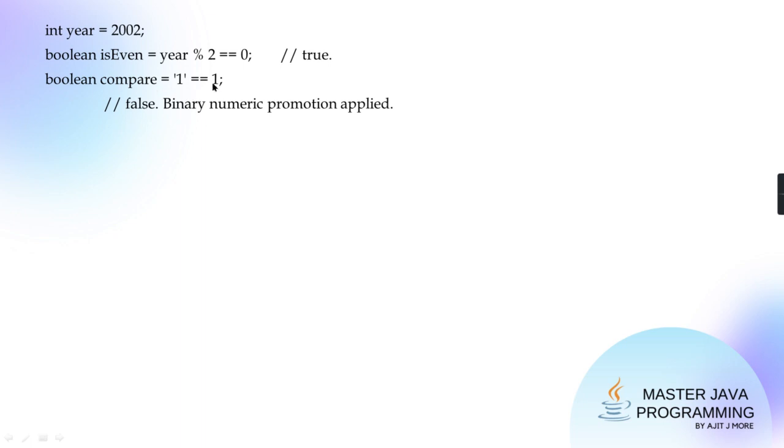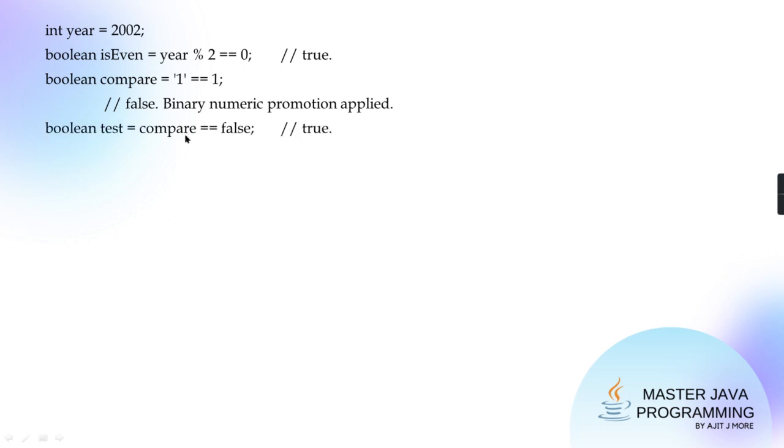But for doing that comparison, were the promotions applied? Binary numeric promotion, yes, because this is character and this is integer. It will promote the character to integer, which is 49, and then compare 49 with 1, which is false, and that is stored in compare.